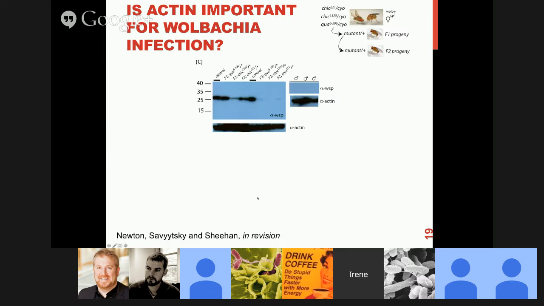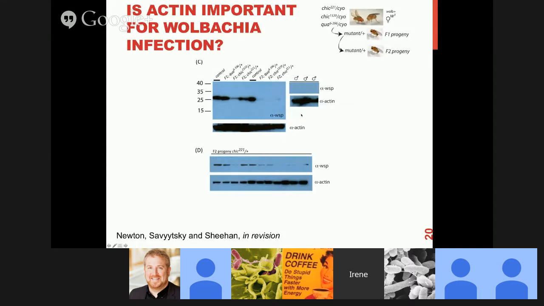Right, and then we also recapitulated this phenotype using our Western blot approach to looking at Wolbachia titer. So we have our control flies here and our first generation and second generation crosses. Again, showing this reduction in total Wolbachia load as you passage Wolbachia in these mutant backgrounds.